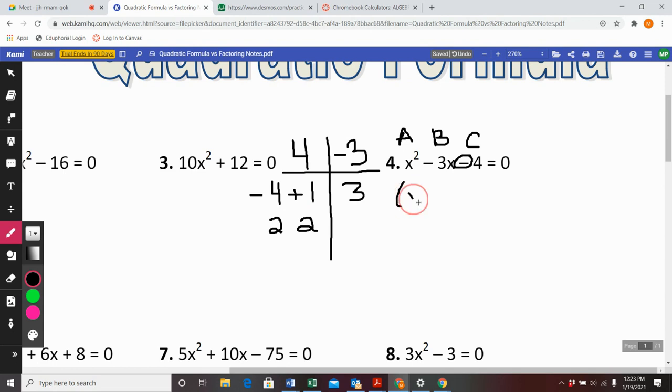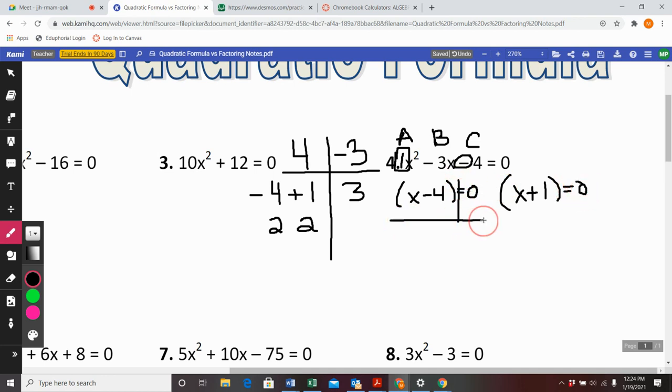So now all you do is put it in parentheses. And I'm going to separate them because do we have to do the kickback on this? No, because this is a 1. If it's a 1, there's no kickback. So all we have to do is set these equal to 0 and solve.